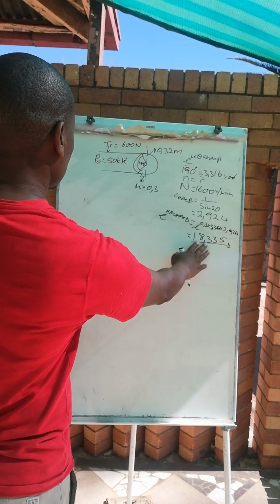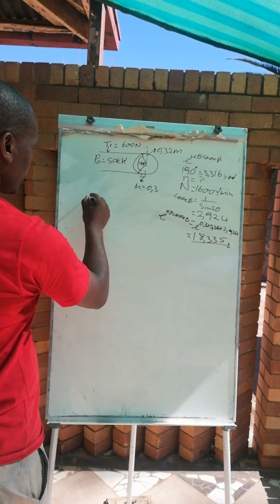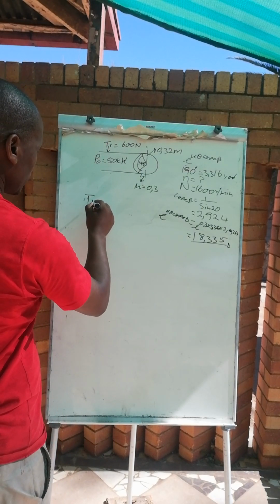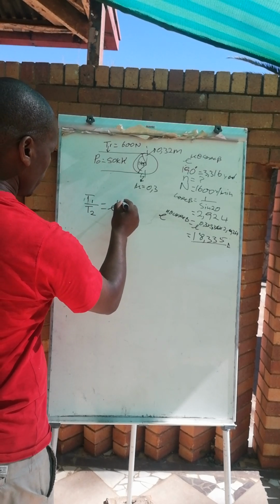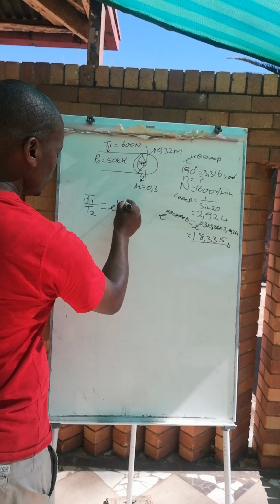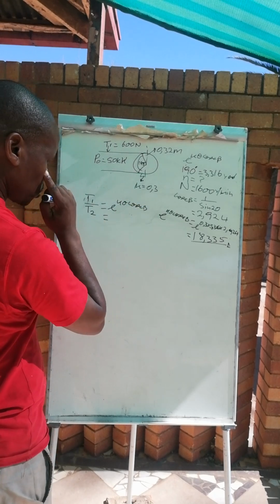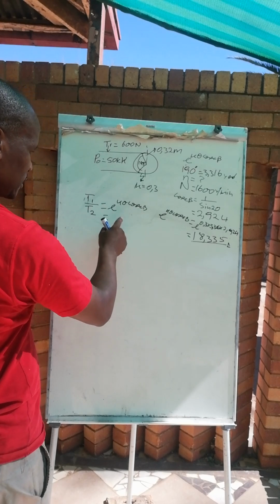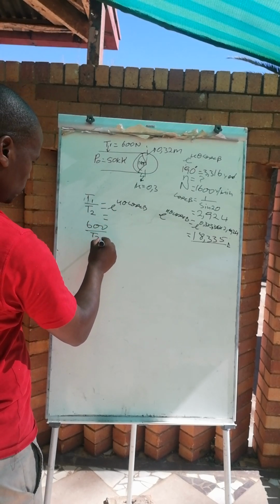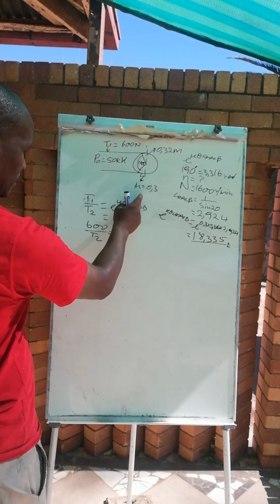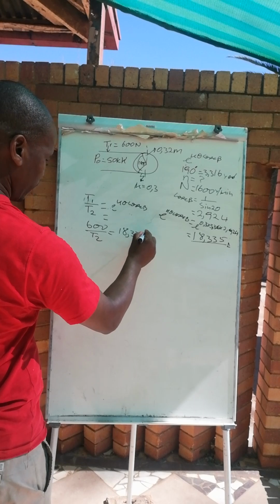Now, T1 over T2 is equal to e to the power of mu theta cosec beta, which was found to be 18.335.